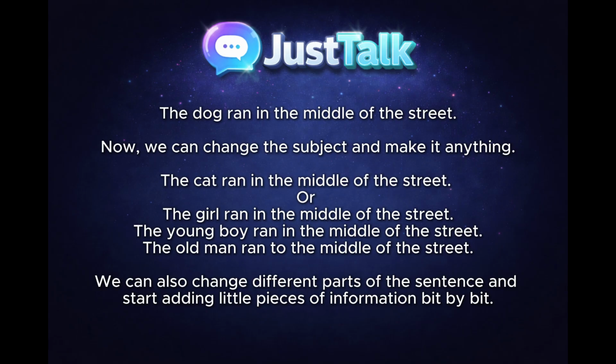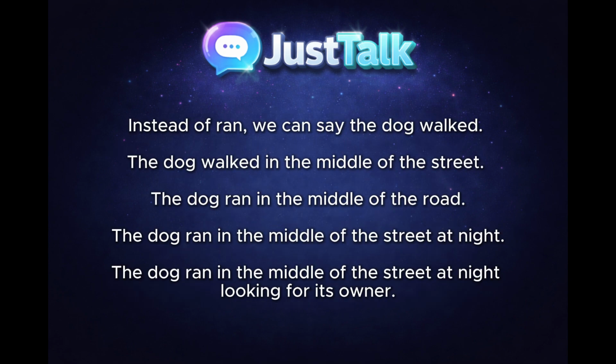We can also change different parts of the sentence and start adding little pieces of information, bit by bit. Instead of ran, we can say the dog walked. The dog walked in the middle of the street. The dog ran in the middle of the road. The dog ran in the middle of the street at night.